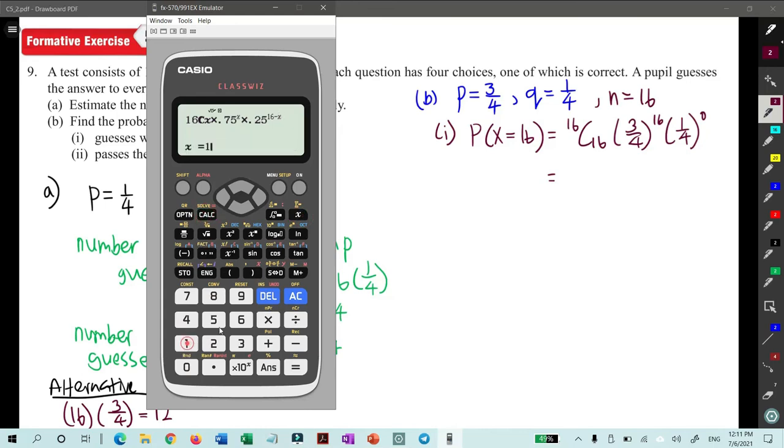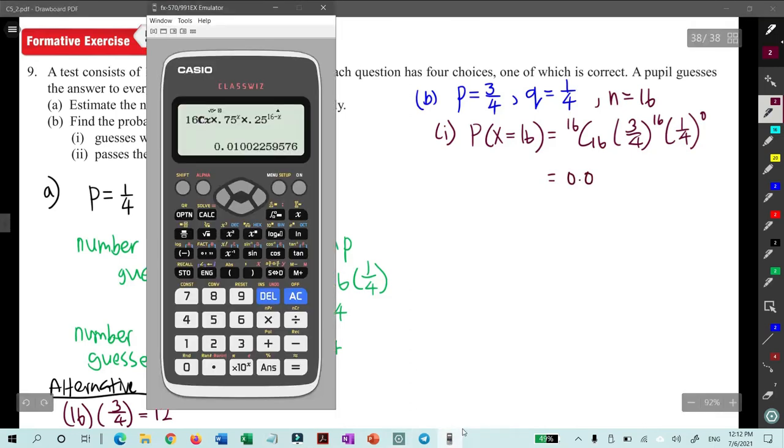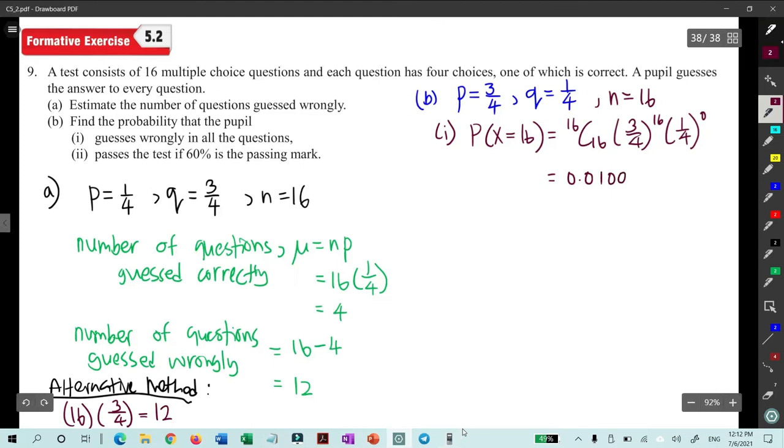Calc, and the value of x is 16. So the probability is 0.0100.